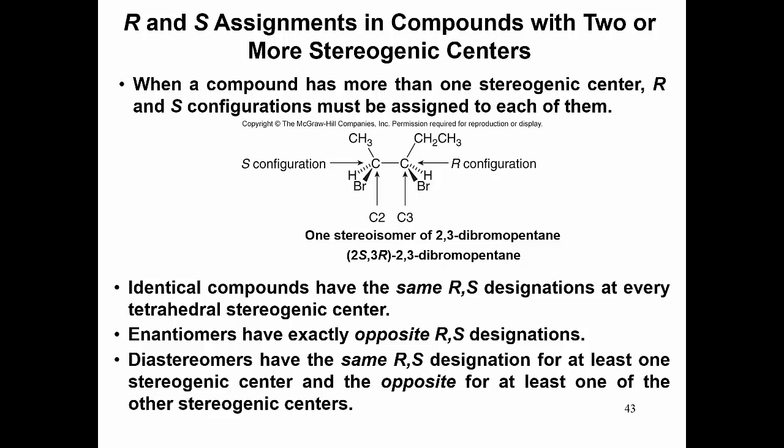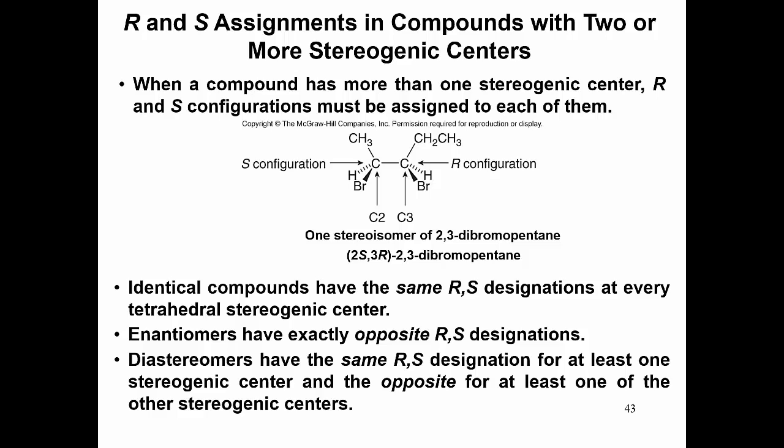So again, these rules still apply. Even with more than one chiral center, if you can make a mirror image and it's non-superimposable, then those two mirror images are enantiomers.